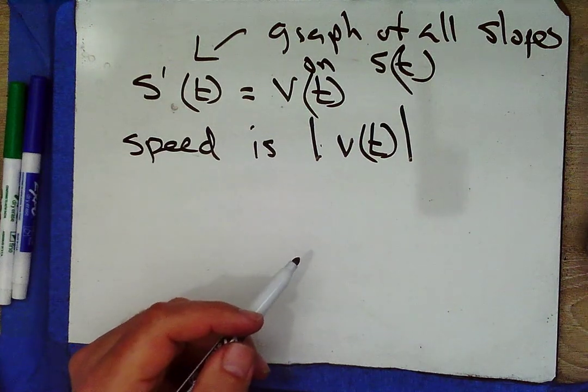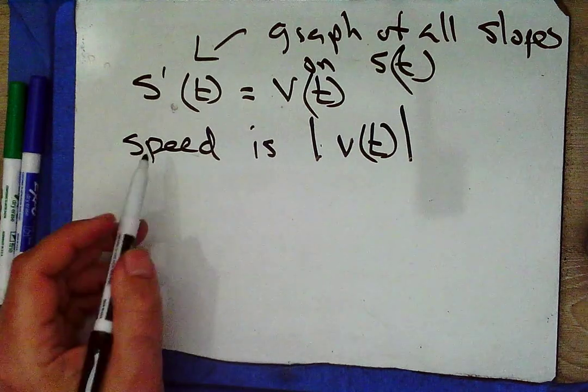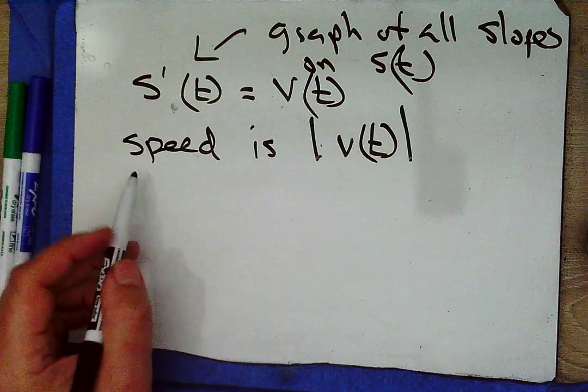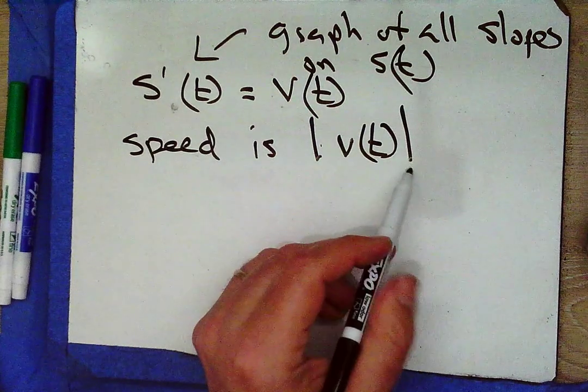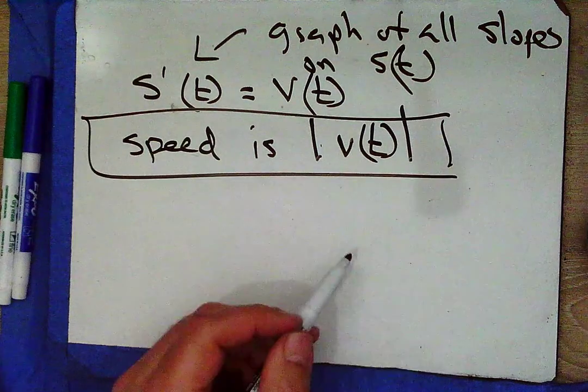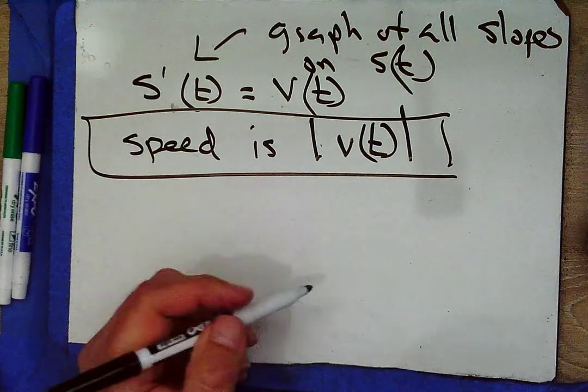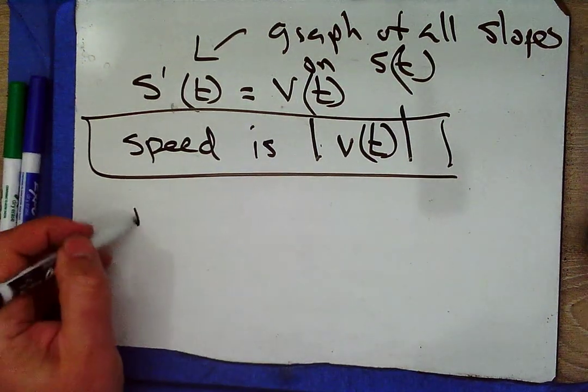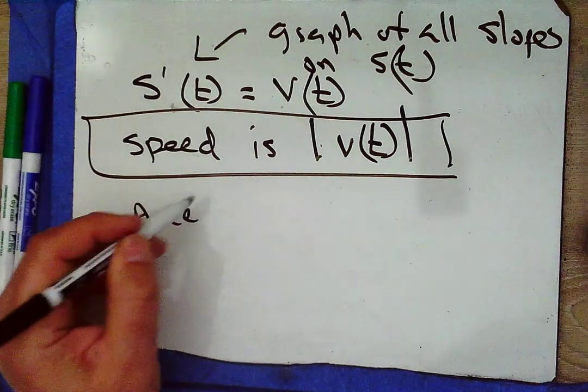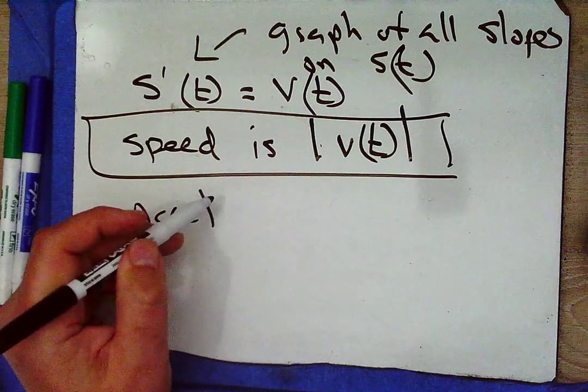Okay, so then I want to say speed is the absolute value of velocity. That's a sort of side special thing. And then I want to mention this term, acceleration.